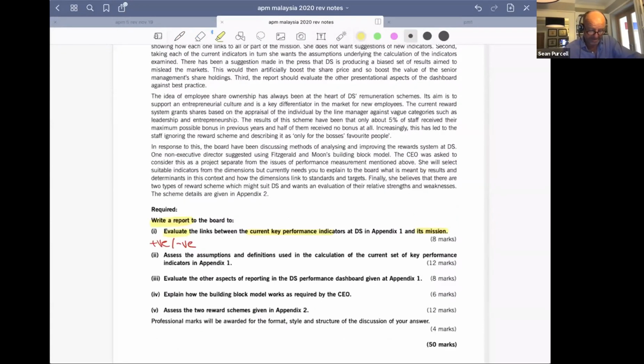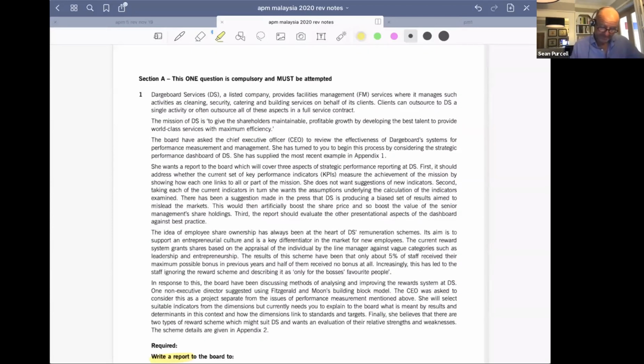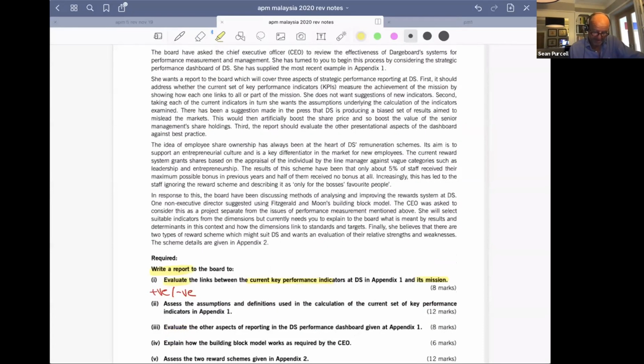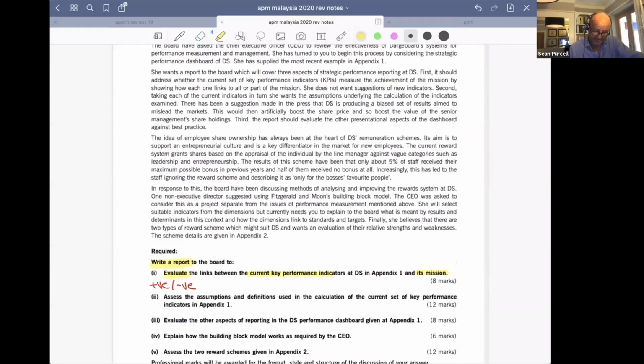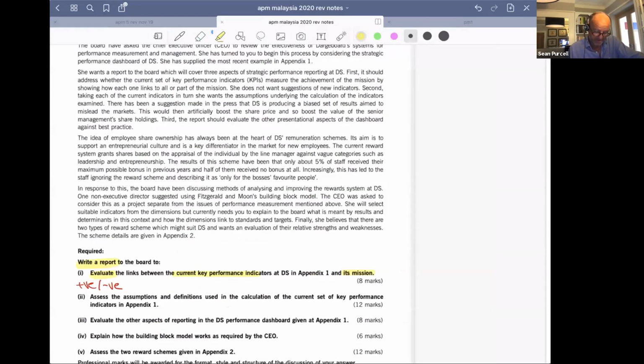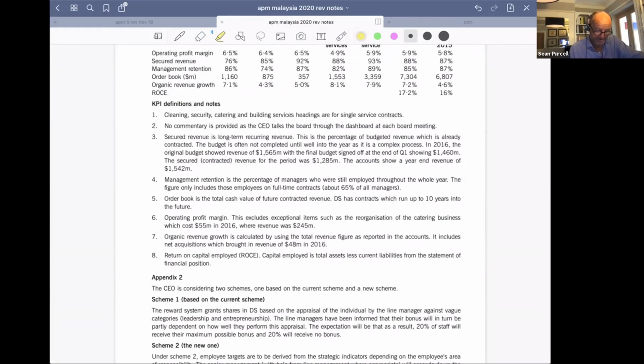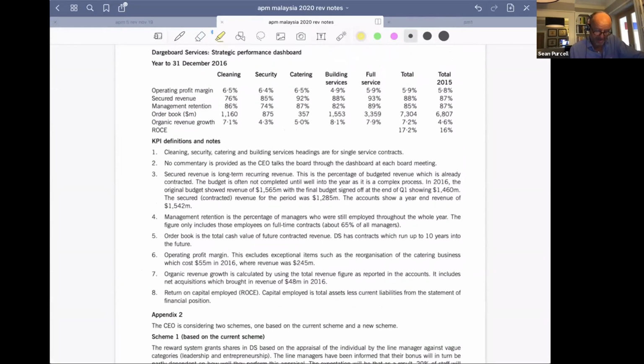So reading in more detail, it's a listed company, provides facilities management. The mission is to give shareholders profitable growth by developing the best talent to provide world-class services. The current KPIs are given here: cleaning, security, catering, building services, full service, and it explains each of these in a list of 8 definitions.